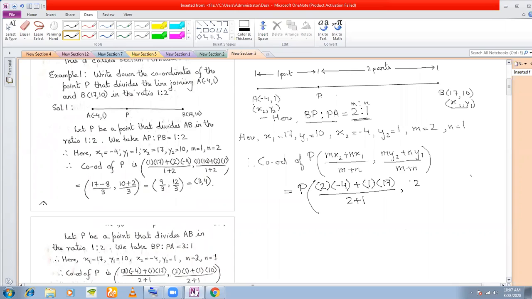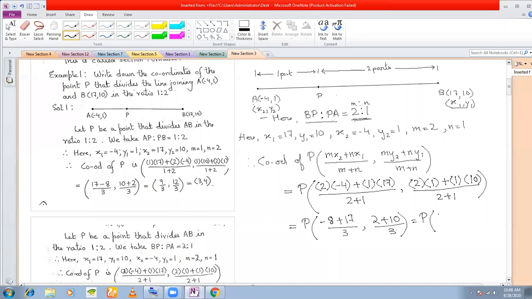M y2 is 1, plus N y1 is 10, divided by M plus N. Now let's simplify this. You get -8 plus 17 by 3 and you get 2 plus 10 by 3.